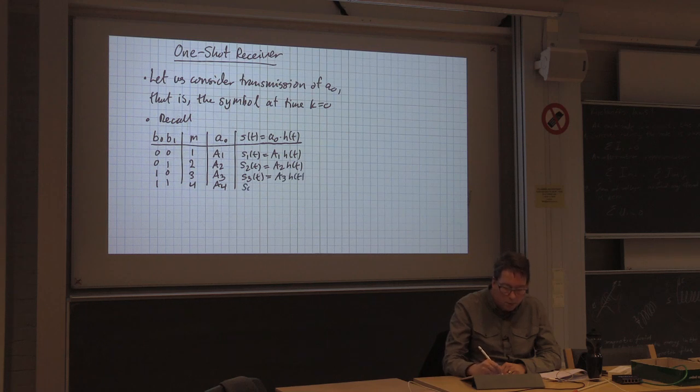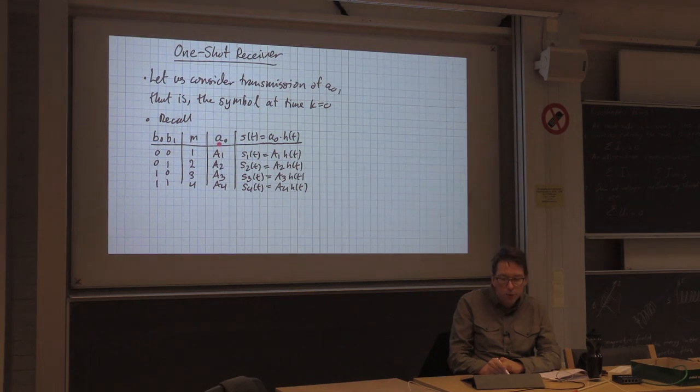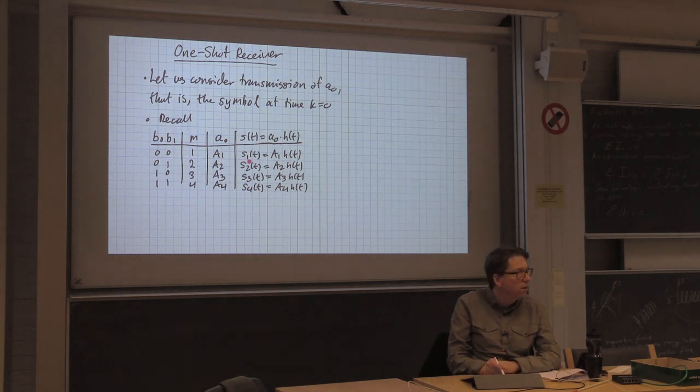Can you guess what s4 is? It's A4 times h(t). So we have bits, symbol index, symbol amplitude, or transmitted signal, and which one we use here doesn't really matter. It's just translation between the different things.